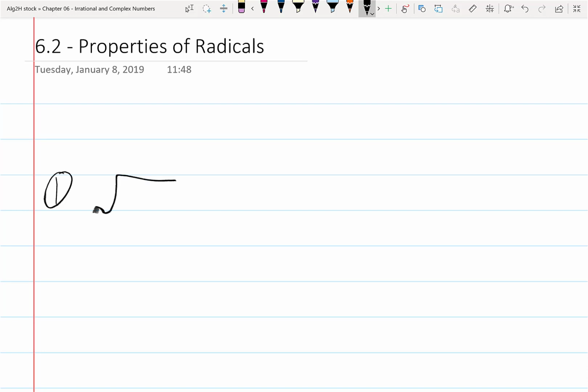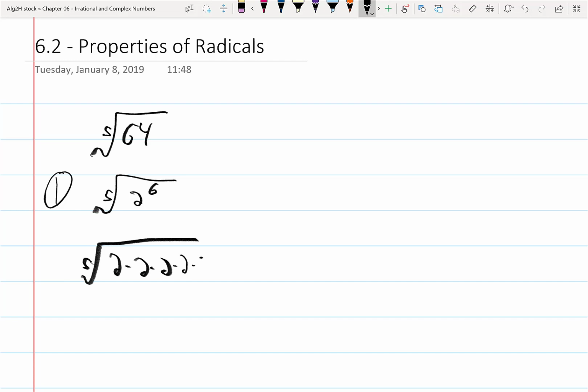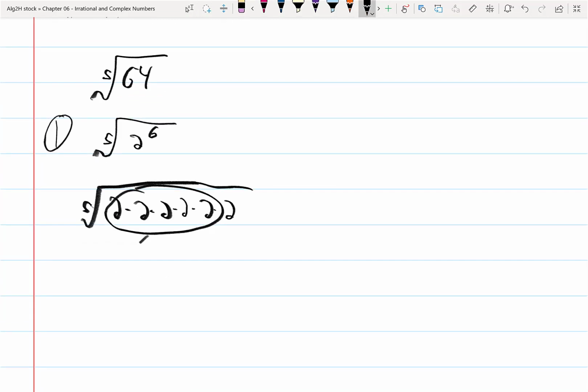If I have the fifth root of 2 to the 6th power, which you might actually see as the fifth root of 64 and have to factor it down to 2 to the 6th power. You should have a sense that 2 to the 6th power is really made up of 6 2's all multiplied together, 5 of which could come out as a perfect fifth, leaving me with 2 times the fifth root of 2.